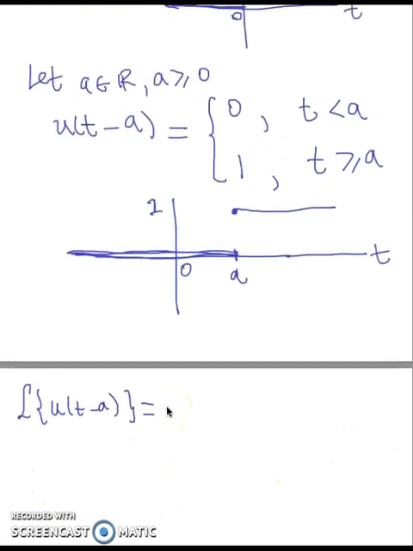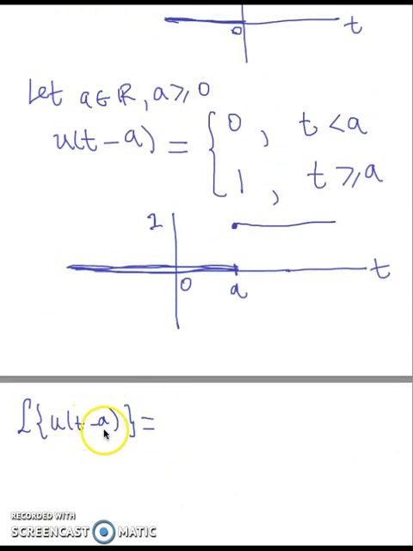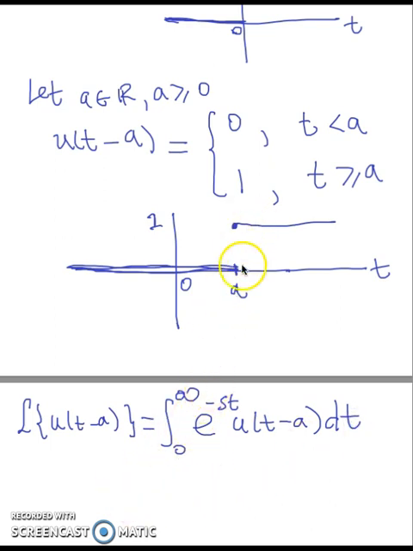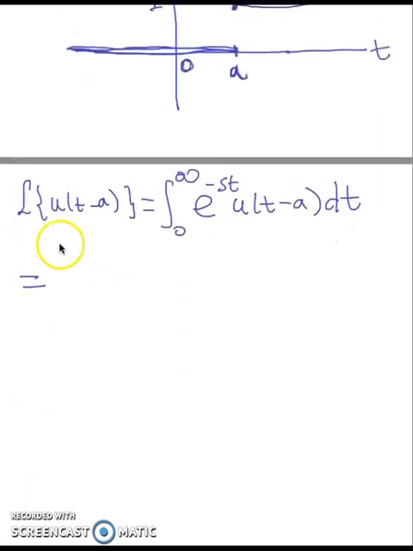So we're going to compute the Laplace transform of u of t minus a, which is the integral from 0 to infinity of e to the minus st u of t minus a dt. And so we're going to break this into the integral from 0 to a, and then from a to infinity. So this would be equal to the integral from 0 to a plus the integral from a to infinity.